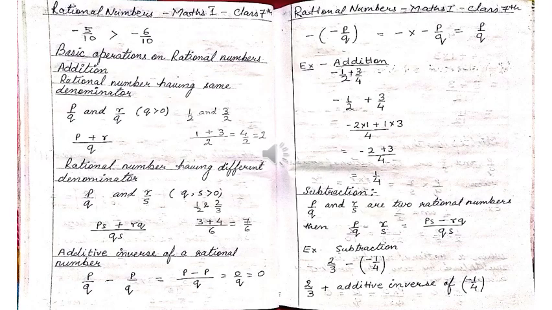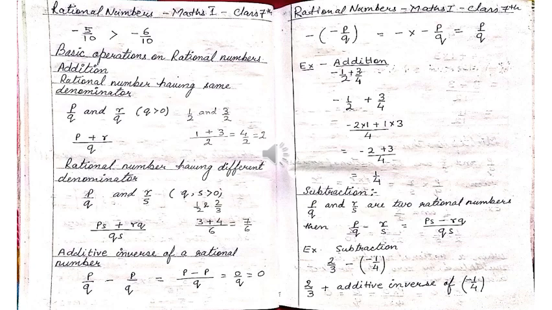Now separate it, then -5 upon 10 is greater than -6 upon 10, because it's a minus. All right, don't get confused that -6 is smaller. It's a negative. So the figure which is close to 0 is the biggest one. So -5 is close to 0, so it is bigger than -6.